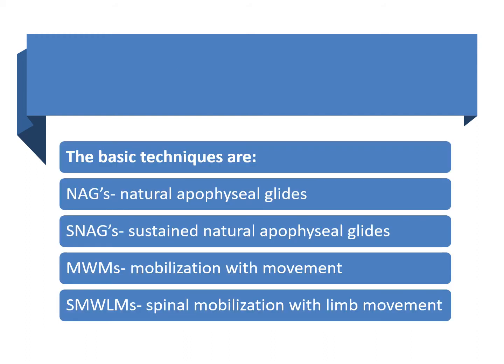So the basic techniques involved in Mulligan are NAGs, which is natural apophyseal glides, SNAGs, sustained natural apophyseal glides, MWM, mobilization with movement, and SMWLM, which is spinal mobilization with limb movement. So these are the basic techniques and names of the techniques given by Mulligan.